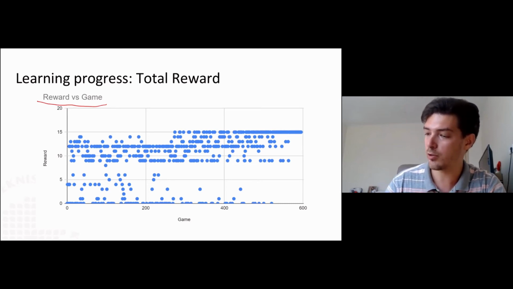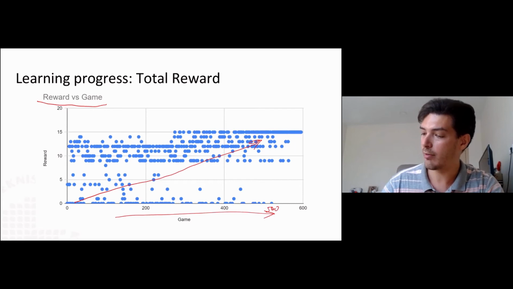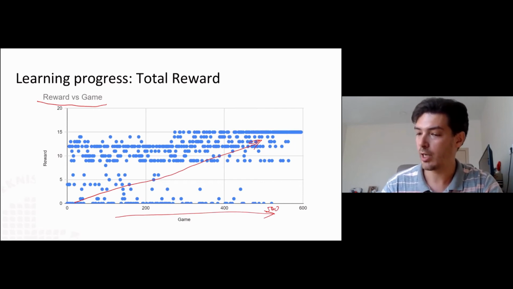And in this case, with the game progression, we can see that the rewards go up, and in the end, after, let's say, 500 games played, we can see that our agent is smart enough to get the maximum reward possible in this experiment.